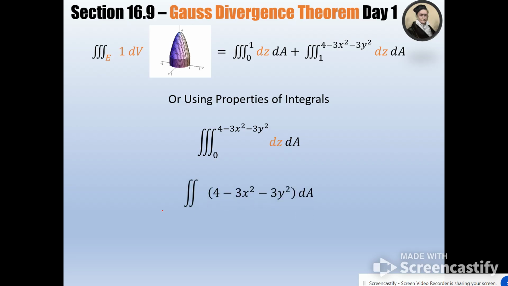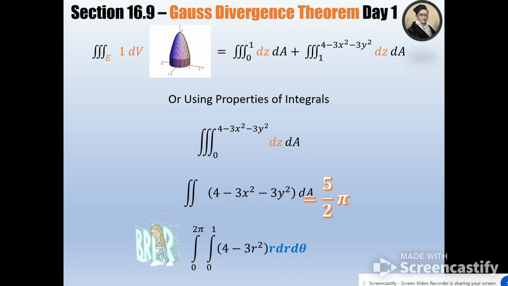So this just becomes z, plugging in 4 minus 3x squared minus 3y squared, and 0. So I did 4 minus 3r squared, r d theta. Of course, my radius is 0 to 1 and going all the way around, 0 to 2 pi, right? And I got 5/2 pi out of it.